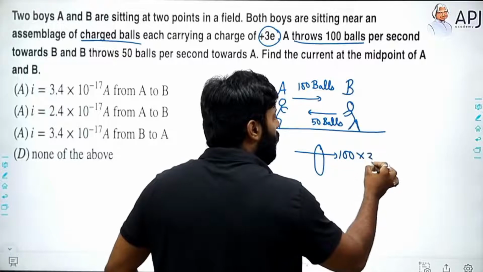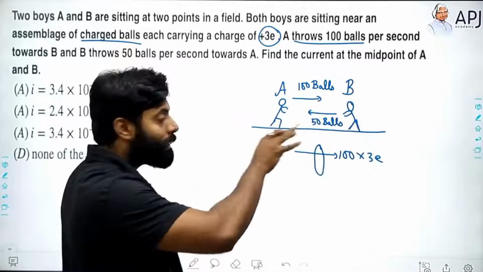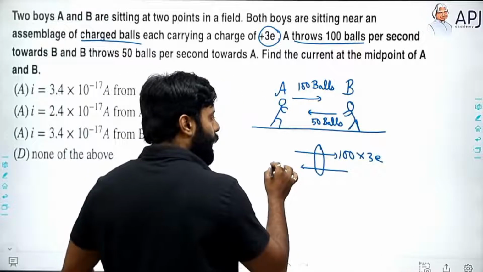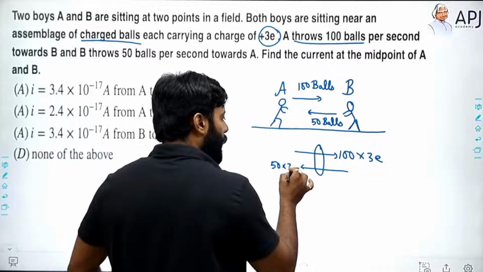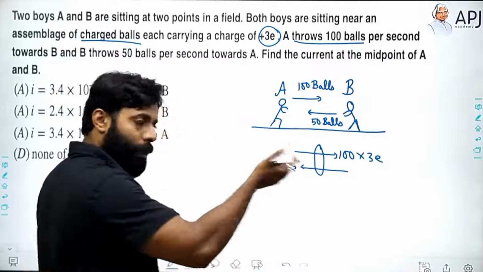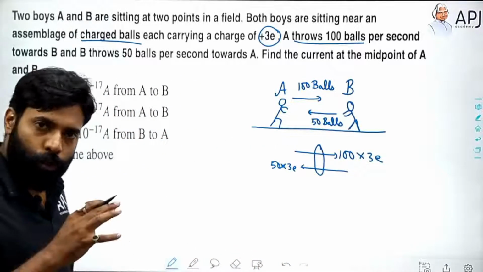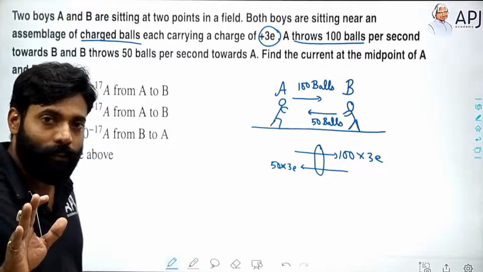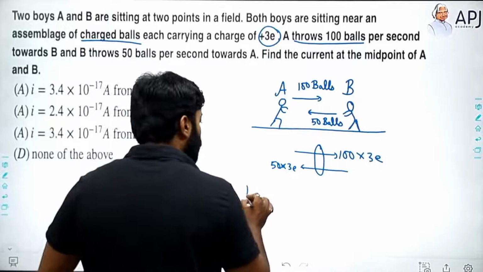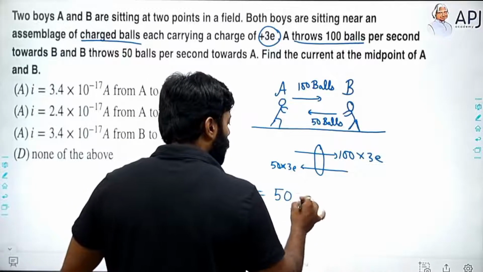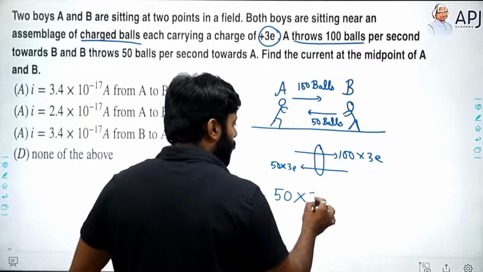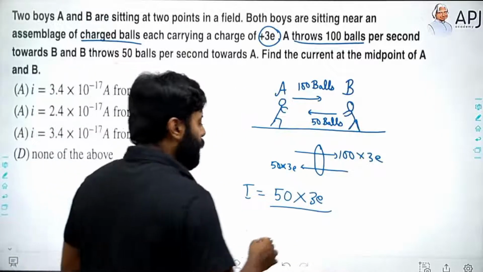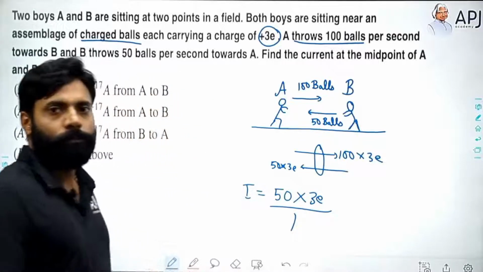I can say that 100 into 3 charges will be going in this direction, and in reverse to that, 50 into 3 charges will be coming back. So the net is 50 balls, that is 50 into 3 charges. So I equals the net charge, and the time they are taking is 1 second.